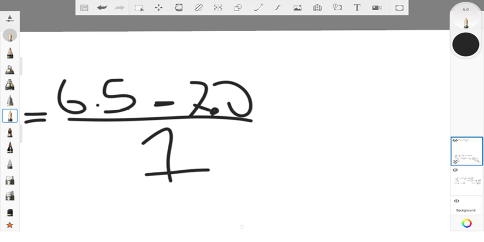So this will be negative 0.5, because you're just dividing by 1.